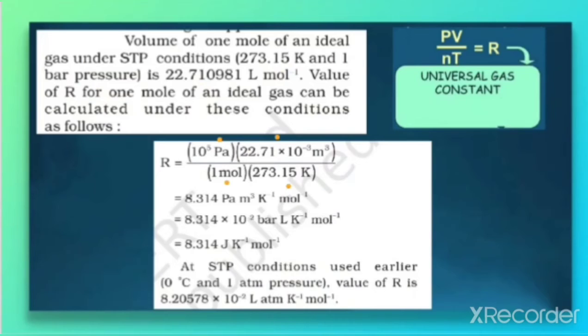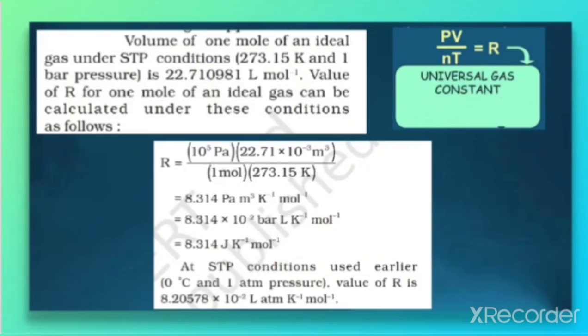We are converting the values to SI units, just like we converted liter to meter cube. When we solve it, we get the value 8.314 joule per Kelvin per mole. So this is the unit for R. The value is 8.314 joule per Kelvin per mole, which we obtained in SI units.